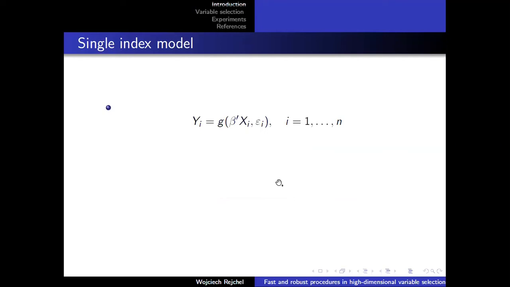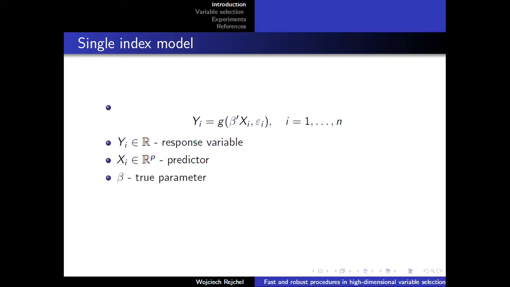This is sometimes called in the literature a single index model, and we've got a response variable, which is denoted by y. We've got a vector of predictors, so in our model, there are p predictors. Beta is a true parameter, and we also have random errors.